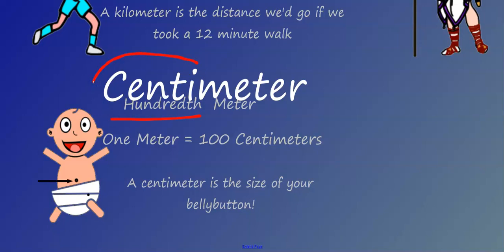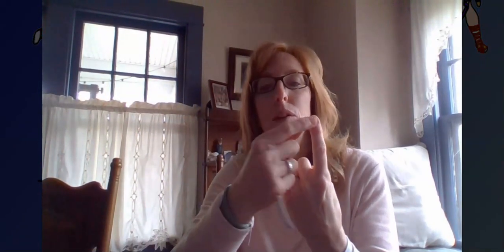So a centimeter is the size of your belly button, or a centimeter is also from one side of your nail to the other, which is about the size of your belly button. This is a way easier way to think about a centimeter than your belly button.